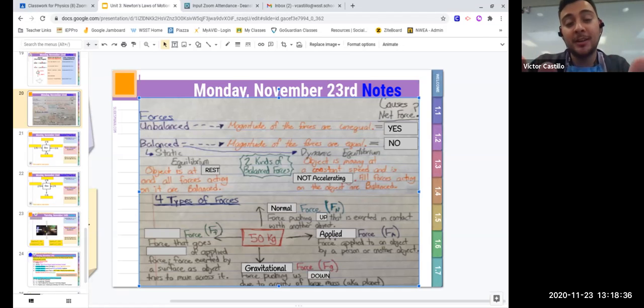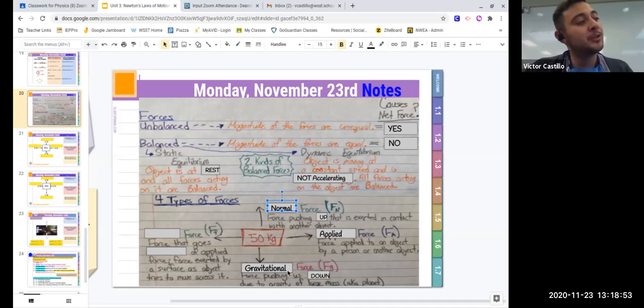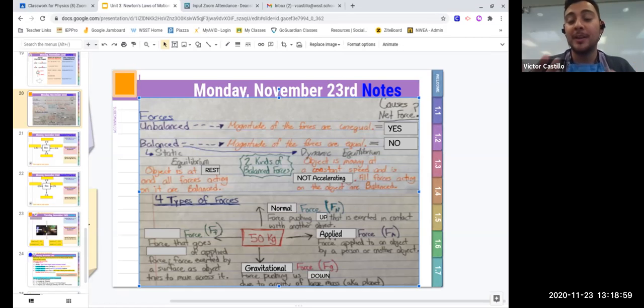Whether I'm pushing to the right, or I'm pulling back, or I'm throwing something in the air, the applied force is whichever direction I'm using that force, whether it's pushing or pulling. Okay, so that's applied force. Would that be a balanced force? Yes. If the normal force and the gravitational force are equal, then yes, it's considered a balanced force. So right now, the reason that we can walk around, that's considered a balanced force because there's no net force pushing us down or pushing us up. Very good question.